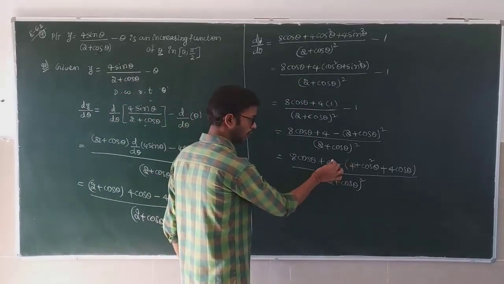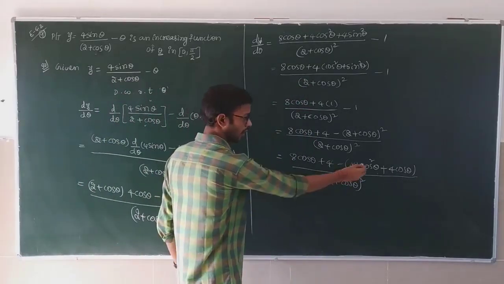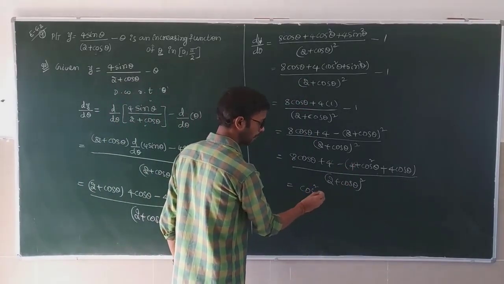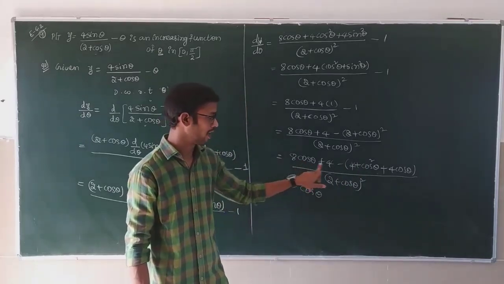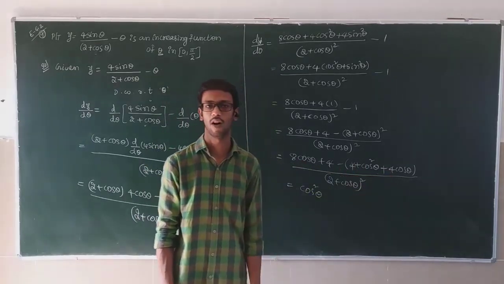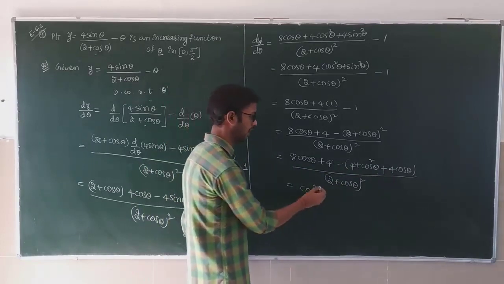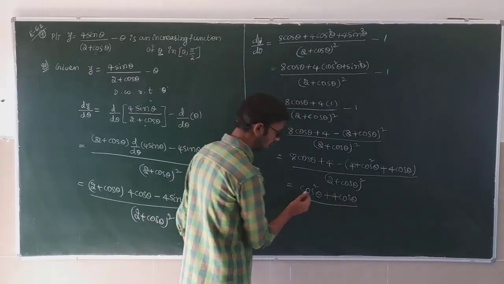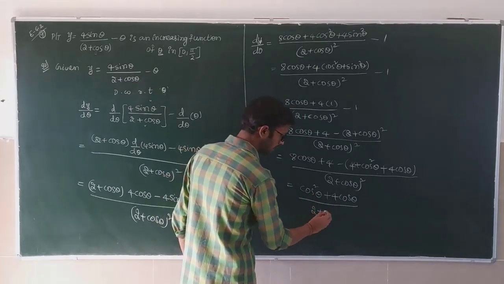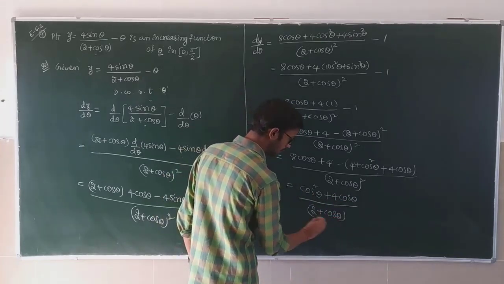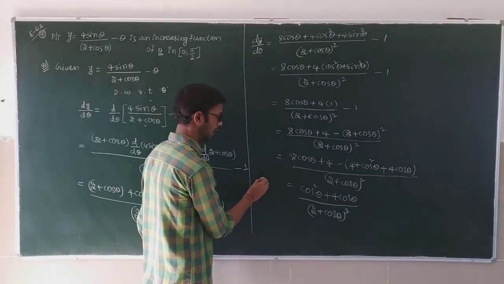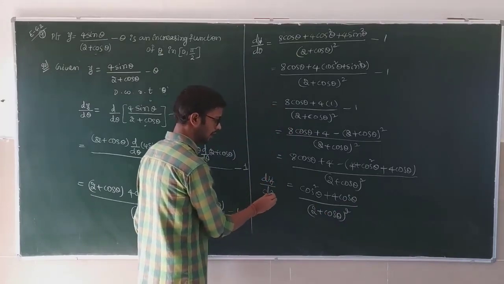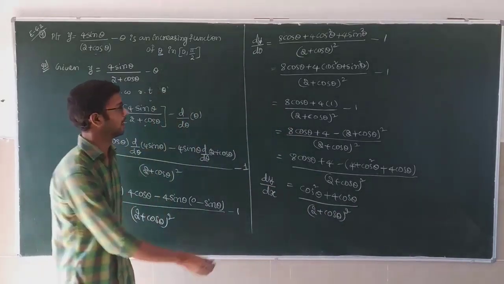Now minus 4 plus 4 cancel. Cos square theta, 8 cos theta minus 4 cos theta, plus 4 cos theta divided by 2 plus cos theta whole square. This is the dy by d theta.